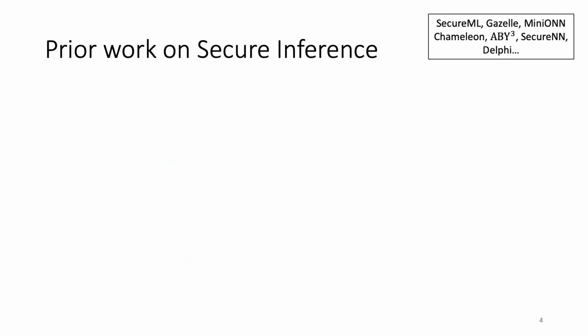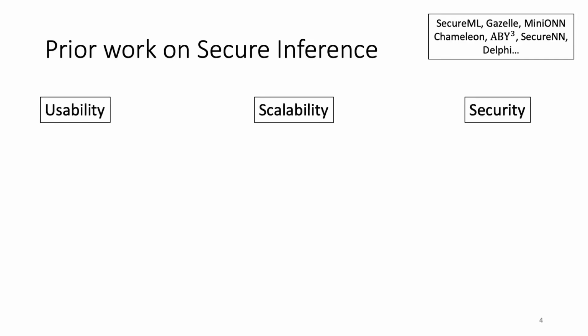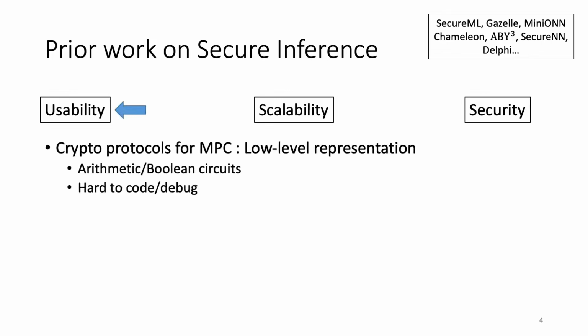While there has been a plethora of works on using MPC techniques to solve the problem of secure machine learning inference, prior work in this area has lagged along three different dimensions: usability, scalability, and security. Let me elaborate on each of these one by one. In terms of usability, the crypto protocols that are used for MPC work with a low-level representation of the function they are computing. This is usually in the form of arithmetic or Boolean circuits, and this makes it hard to code or debug large applications. The other main issue in terms of usability is with float to fixed point conversion.